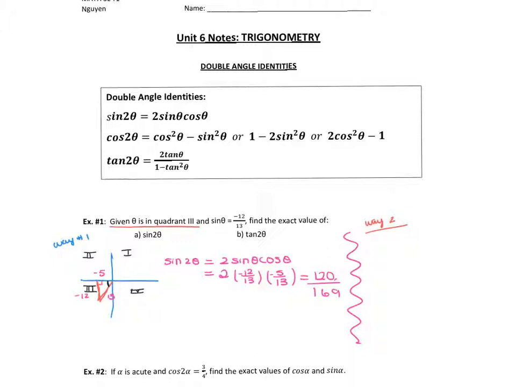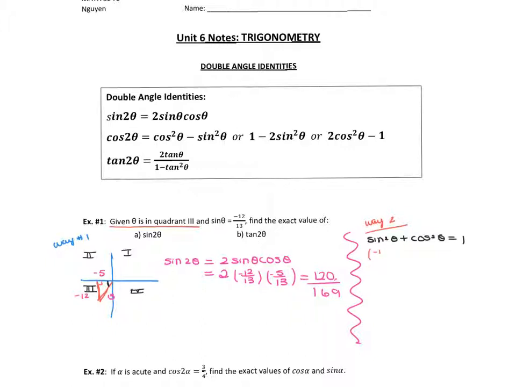Sine squared theta plus cosine squared theta is equal to 1. Well, you have your sine value. And the reason I use this identity is because I know that sine 2 theta is 2 sine theta cosine theta. So this is just about finding cosine, right?